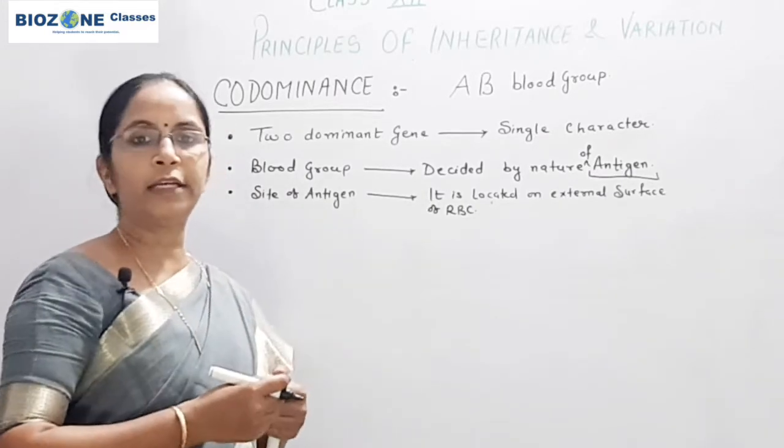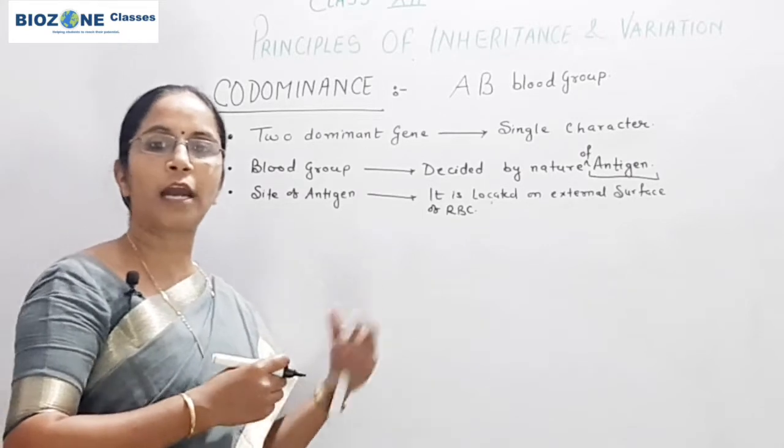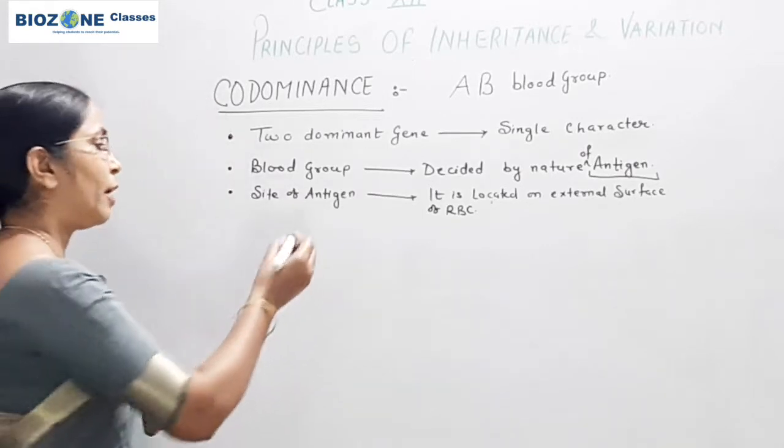According to the type of antigen present, the type of blood group is determined in that human.